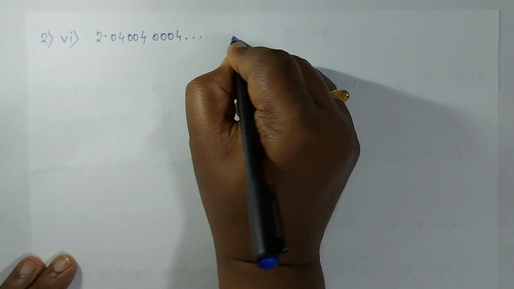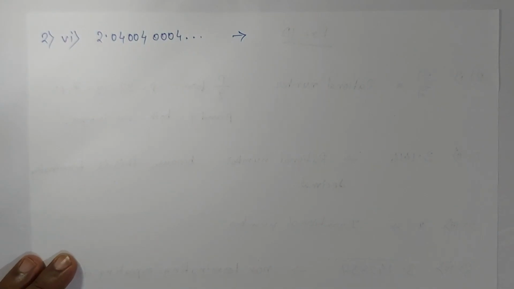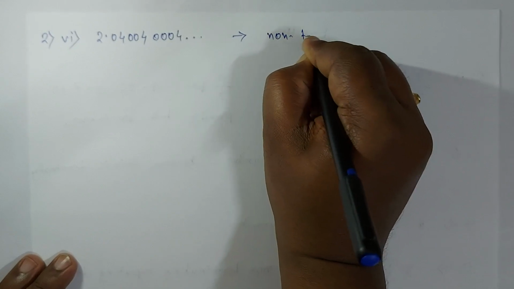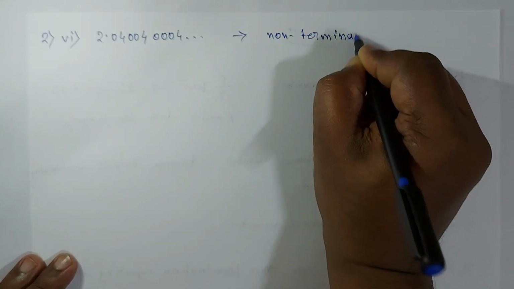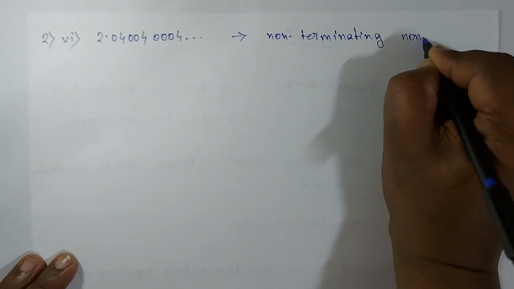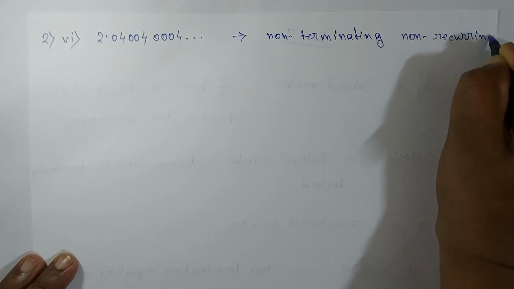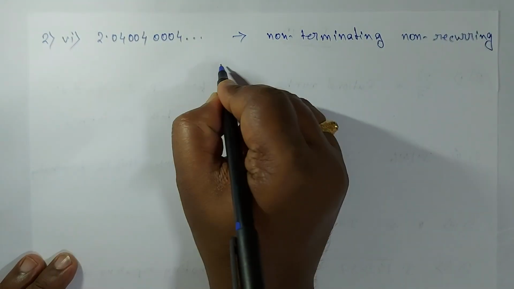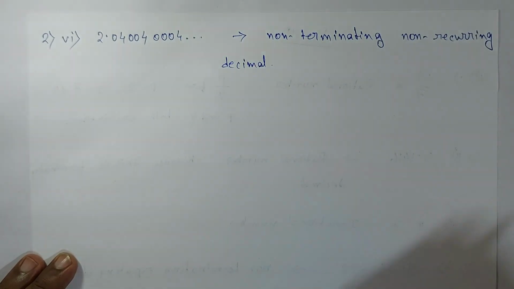Next is 2.04004... This is a non-terminating non-recurring decimal.